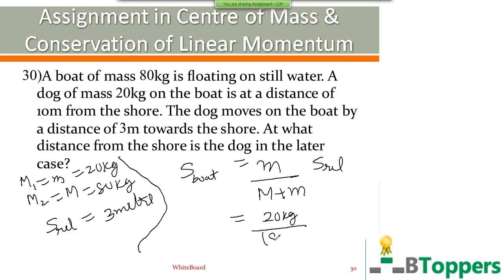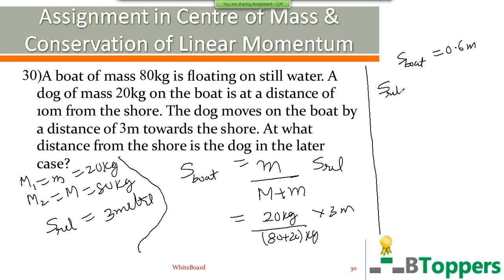Capital M is the mass of the boat, that is 80 kg. The magnitude of the relative displacement is 3 meters. So the magnitude of the actual displacement of the boat will be 0.6 meter.